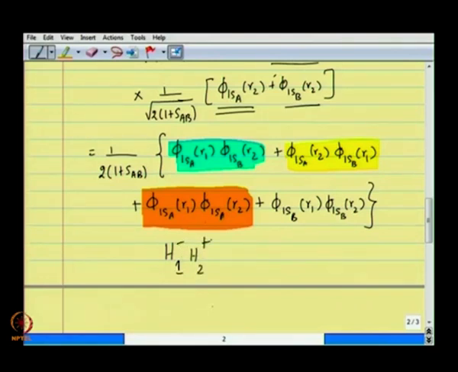The moment I say this, you will immediately notice that the term I have left out without any description corresponds exactly to the same as the previous one, with the minus and plus getting interchanged, H1 plus and H2 minus.